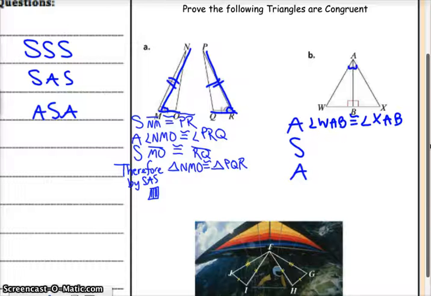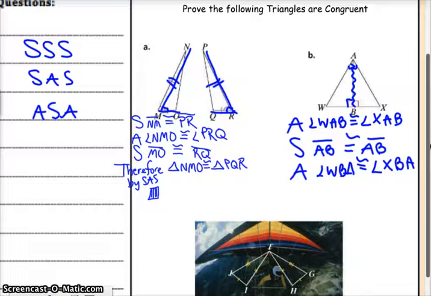Now I'm going to talk about this segment. I call it segment AB is congruent to what? AB, because it's shared. It's a transversal is what we like to call it. Segment AB is congruent to AB. Now my last angle. Angle WBA, there could be multiple ways that you write this, is congruent to angle XBA.